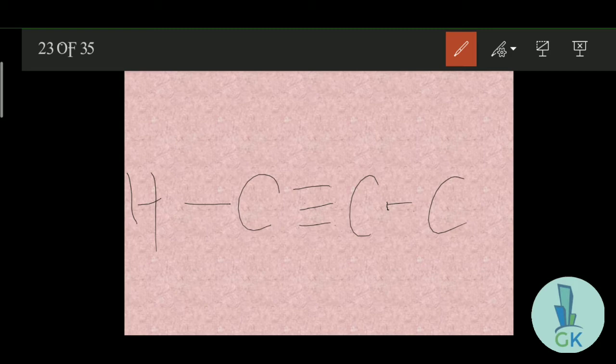It has 8 electrons in its shell, and again this carbon will not need any more electrons, but this carbon will need 3. So it will bond with 3 hydrogen atoms. So you can see there are 4 hydrogens and 3 carbon atoms in the structure of propyne. So this is C3H4.